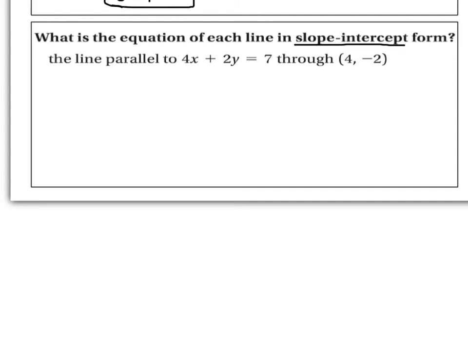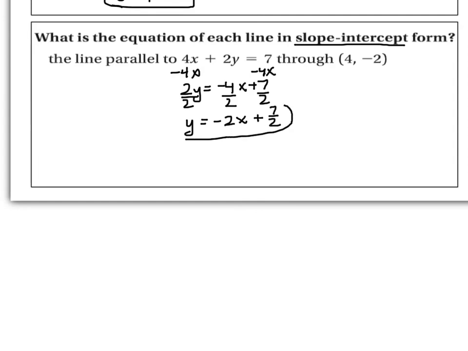So, in order to put it in slope-intercept form, let's get y by itself to find the slope. So, I'm going to subtract 4x. So I get 2y equals negative 4x plus 7. Divide every part by 2. And y is going to equal negative 2x plus 7 halves.